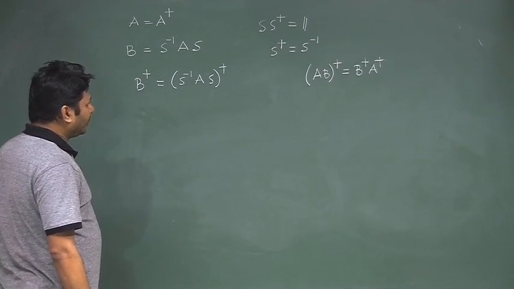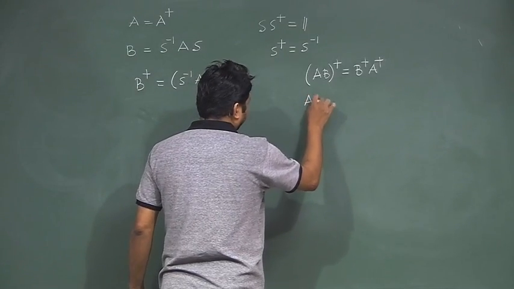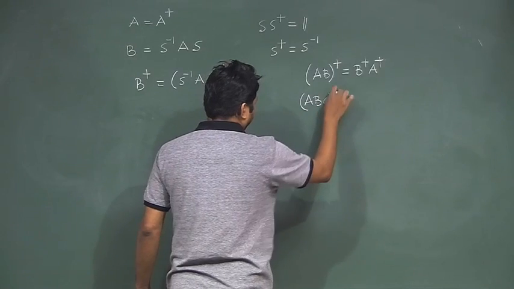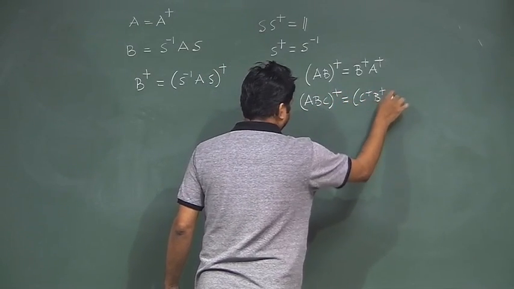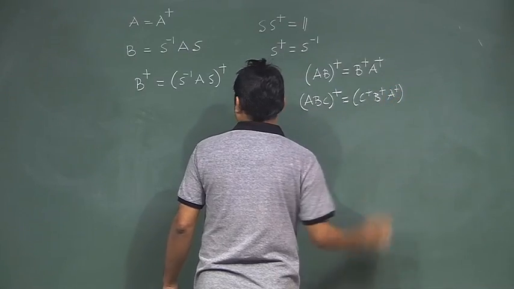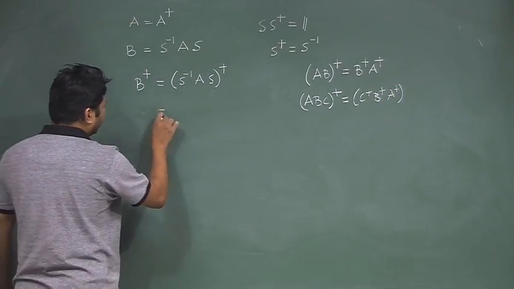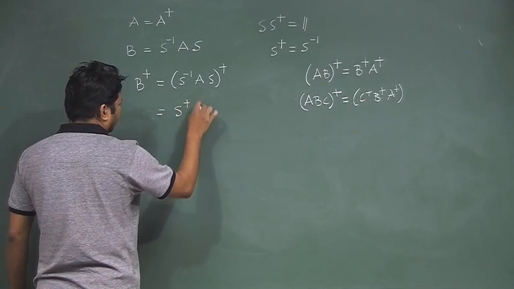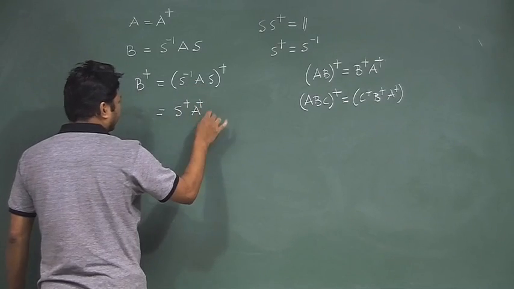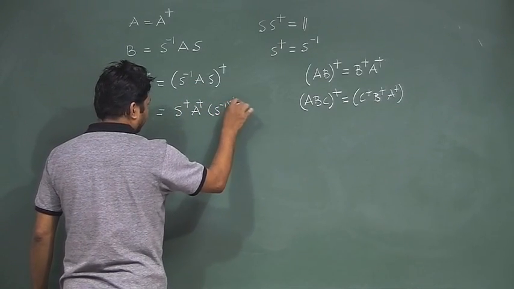Or (ABC) whole dagger is C dagger B dagger A dagger. If I do that, then it will be S dagger A dagger, and this S inverse whole dagger.